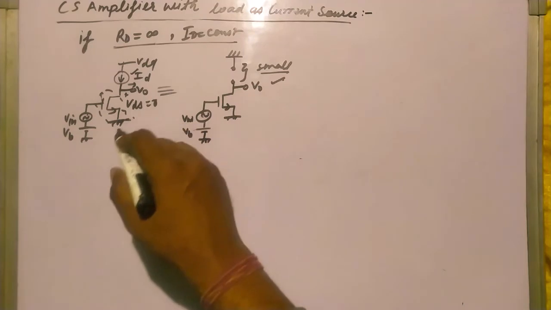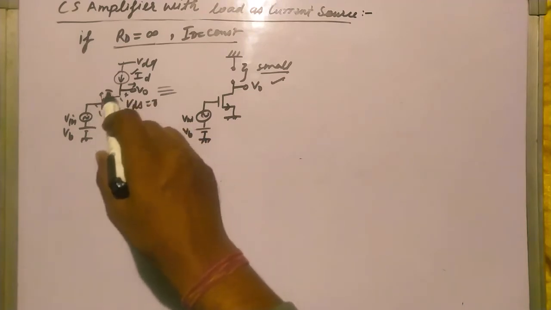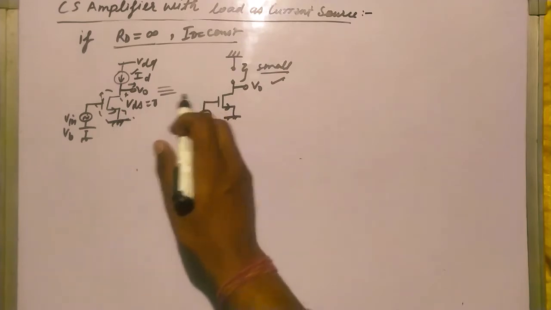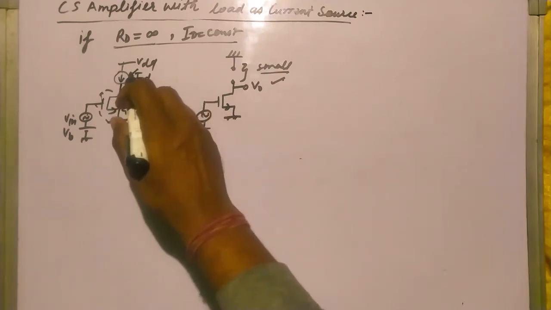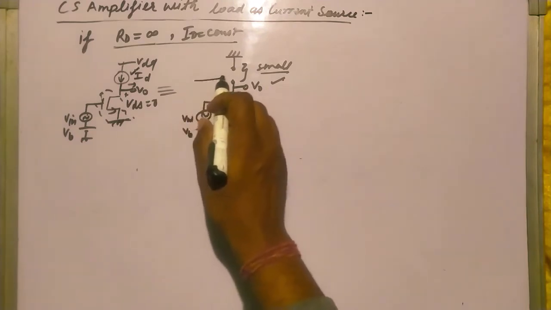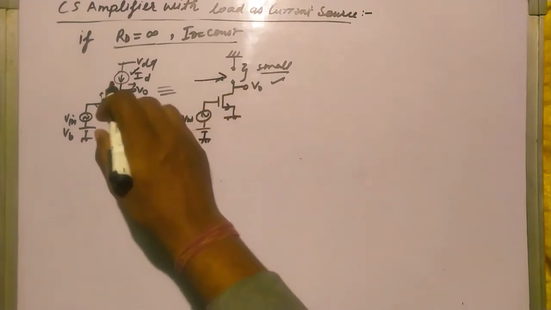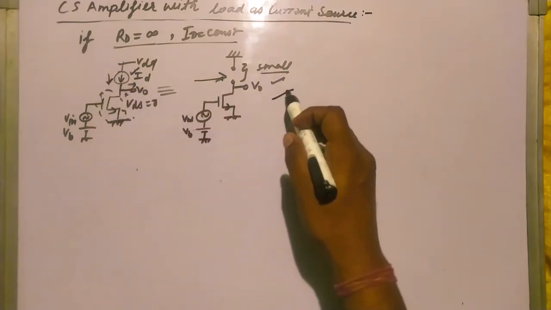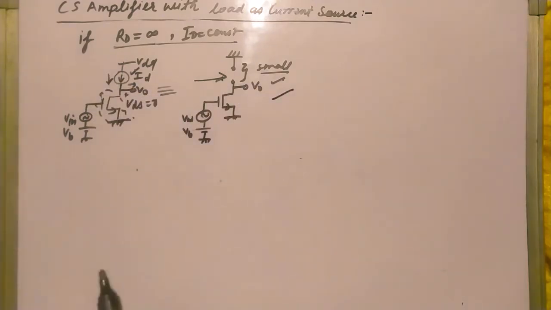There will be no amplification because the transistor is in triode region. For amplification we use saturation region. But in this current source, at small signal analysis time we are getting the open circuit, and in normal time we are getting current. So it is good.